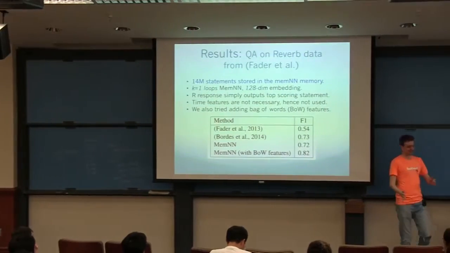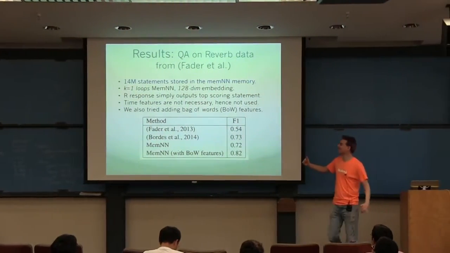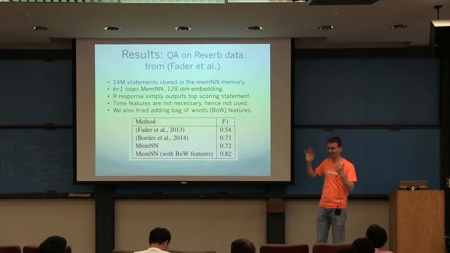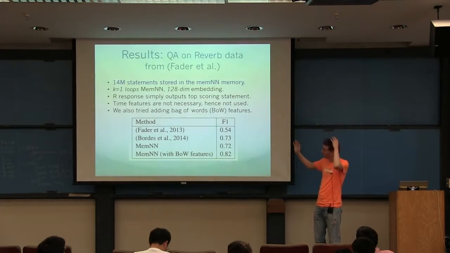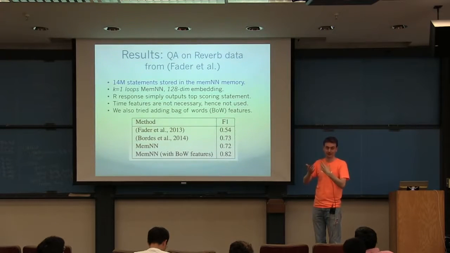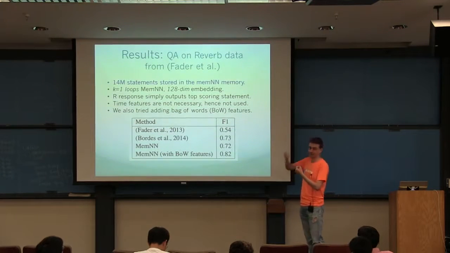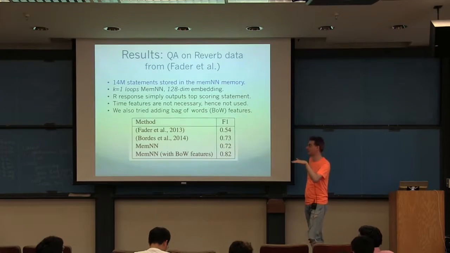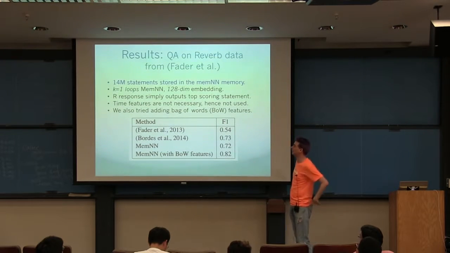So okay, let me try and get through this slide. It's the large data set, and it's much simpler than the simulated stories, in the sense that you don't actually need these hops. You can just find the first supporting fact and it works. So you only need k equals 1 hops.